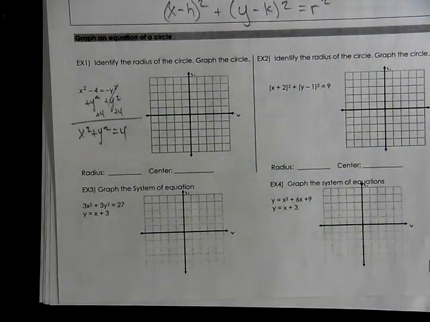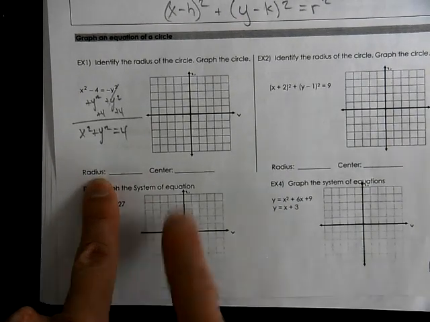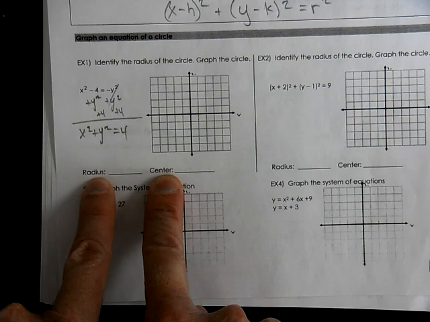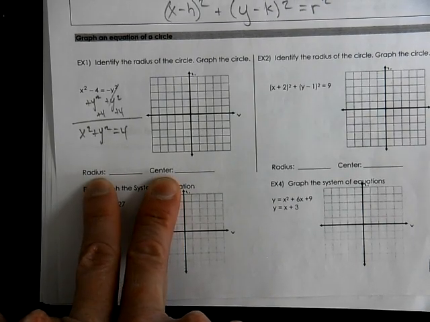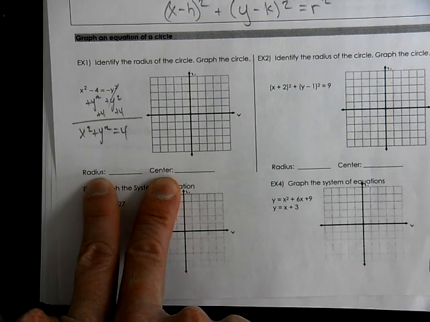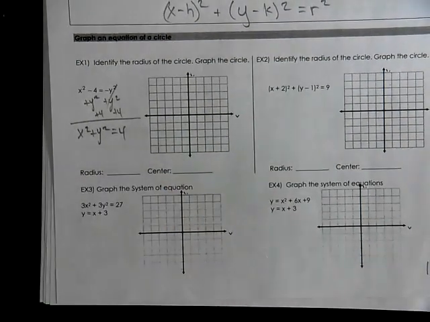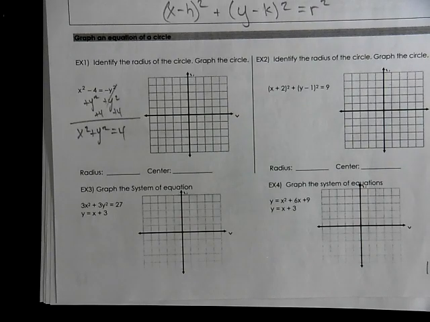What can we tell from an equation? You should be able to tell what the radius is. You should be able to tell what the center is. So what's our radius?